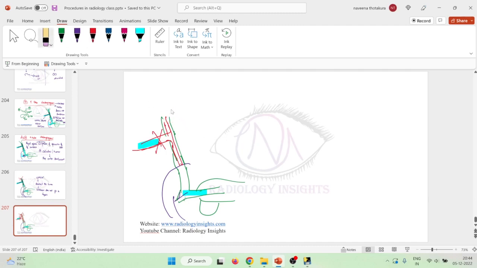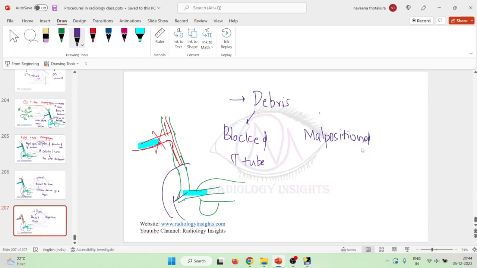that means there can be some debris which has blocked the T tube. Number two, the T tube is malpositioned, that is, the T tube is not in its position. Or there is kinking of the T tube, where the T tube has been bent and this is causing resistance for the contrast medium to pass.